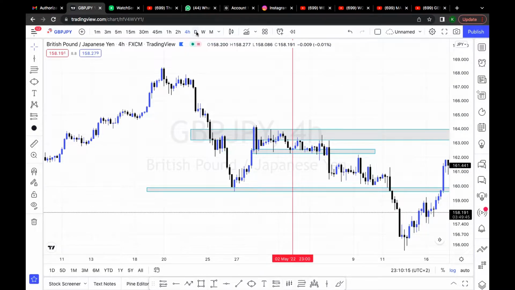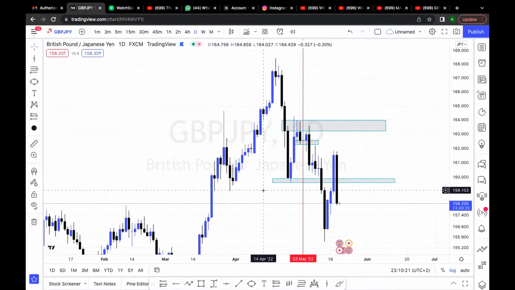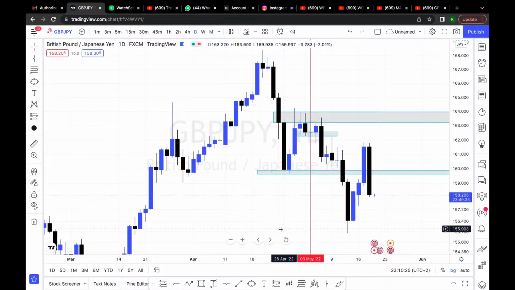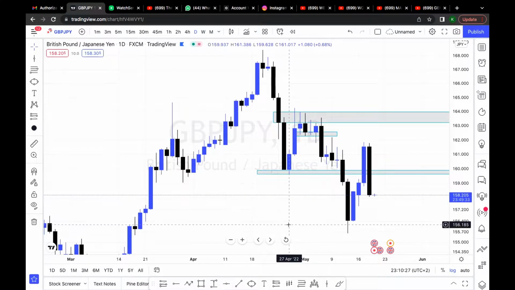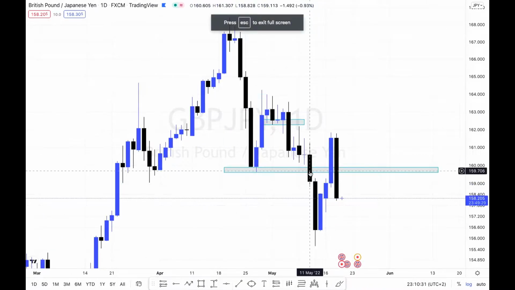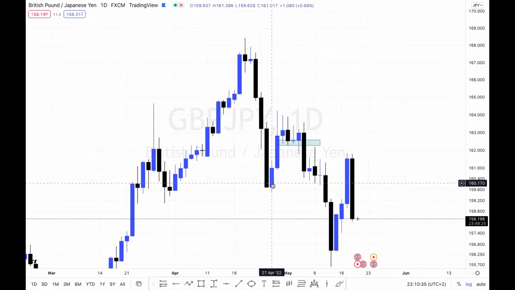So as you guys can see, let's go on the daily. We'll go from the daily going down to the smaller time frames to look for entries, right? Ignore the red line, I put it up, or let me just remove it, right? So at the time, price just started dropping, right?